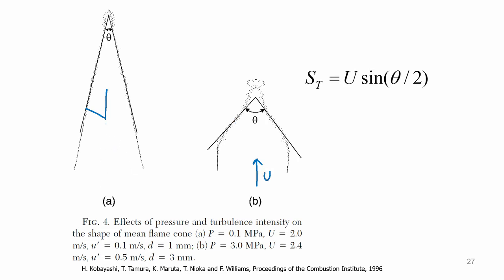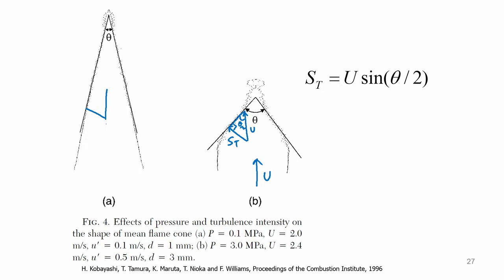Now I can resolve this u into the normal and the tangential components. Say this is my u, and this is my theta by 2. This is my normal, and this is my ST. That is the mean flame speed, the component of u which is perpendicular to the mean flame cone.